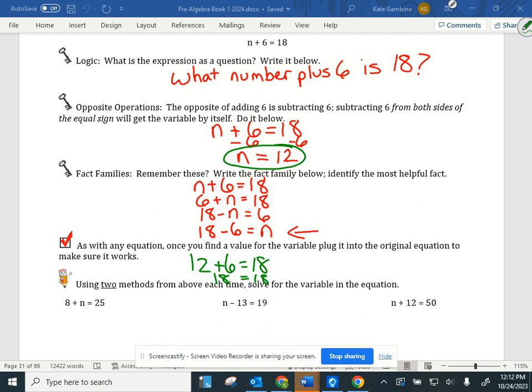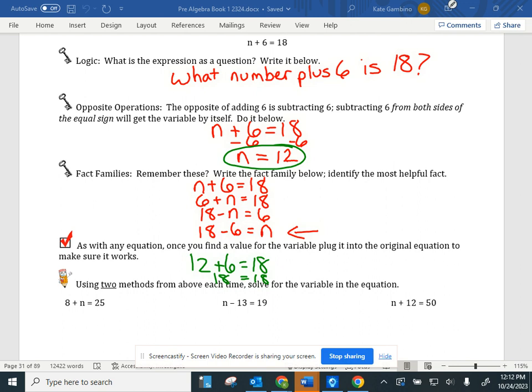It balances out. So yes, I know that is truly my answer. So n equals 12 because I can balance it. Does that make sense? Whenever we find a value, your final step is to put it back in the equation and say, does that solution work?